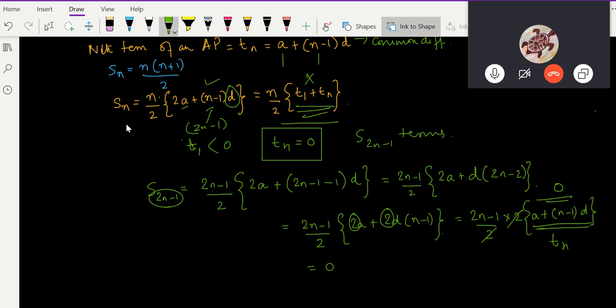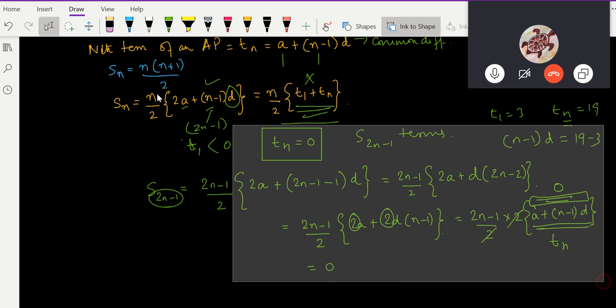In that case, you have to use the nth term, which will be given, or like I showed earlier, if you are just told that T1 is 3 and Tn is 19, where you're not given the value of n, you can calculate (n minus 1) into d, which is 19 minus 3. Clear?